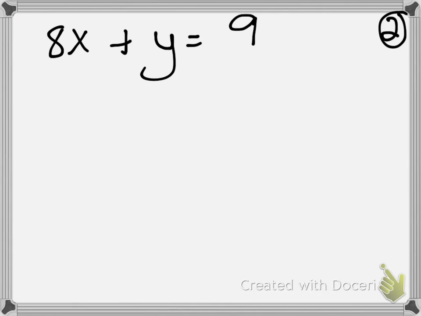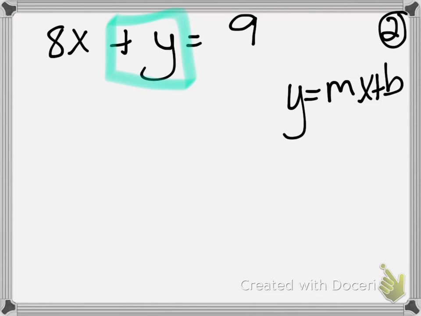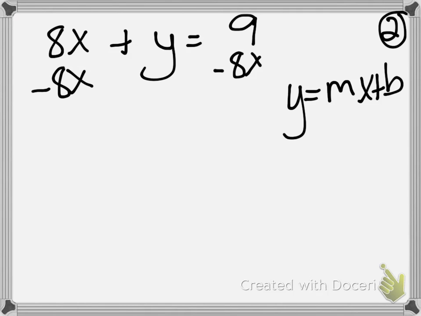Now, this one's a little bit more basic. Like I said earlier, y equals mx plus b. Well, y is right there, so it's on the right side. So I just need to get rid of the 8x. So to move the 8x, I need to do minus 8x on both sides.